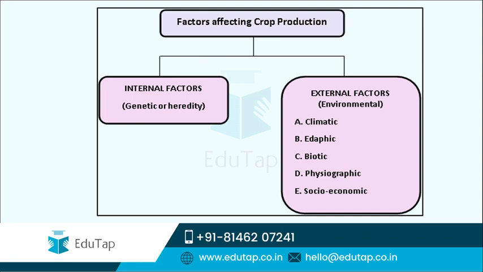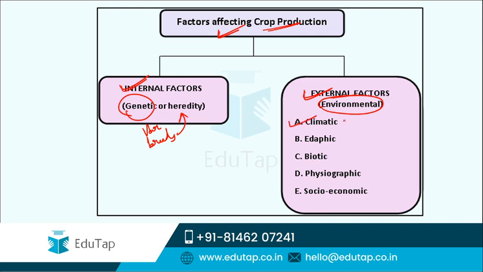So we shall start with the session. Before starting with questions, I just wanted a quick review of what we have done under crop production. These are the various factors that affect crop production. One is internal factors, the other is external factors. Internal factors are genetic or hereditary, like new varieties or new breeds. External factors are the environmental factors affecting crop production externally.